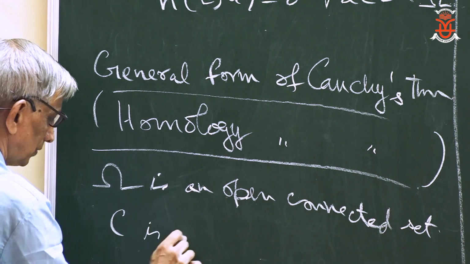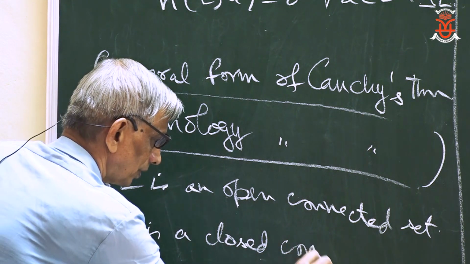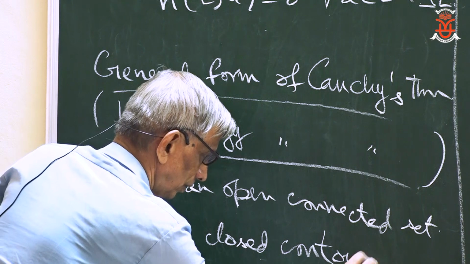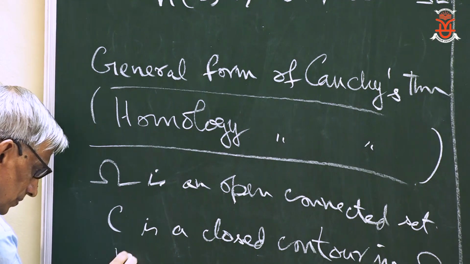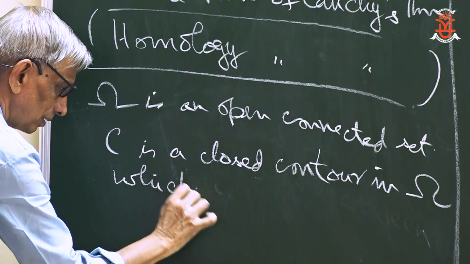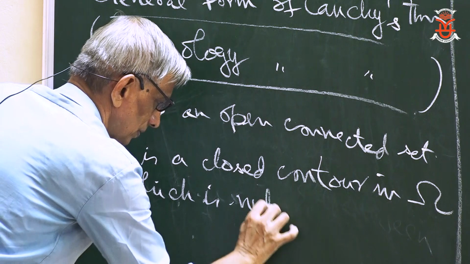C is a closed contour in omega which is null homologous.